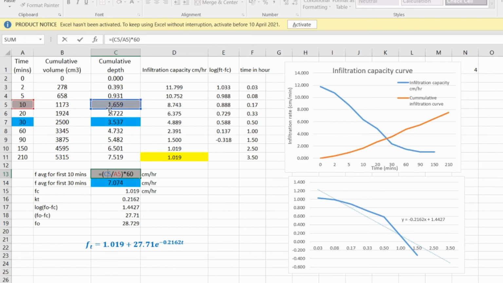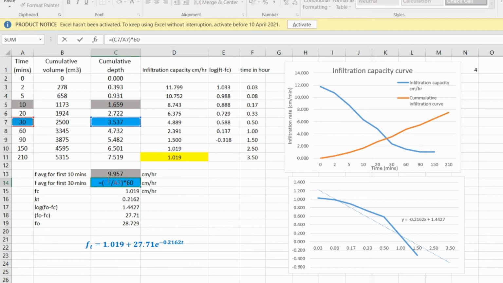At 10 minutes it was 1.659 centimeter of infiltration. This value is divided by the time, which will give you the average infiltration. It is multiplied by 60 because I want it in terms of centimeter per hour. So the average infiltration for the first 10 minutes was 9.957 centimeter per hour. Similarly, the average infiltration for the first 30 minutes can be calculated.